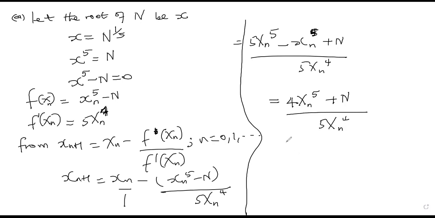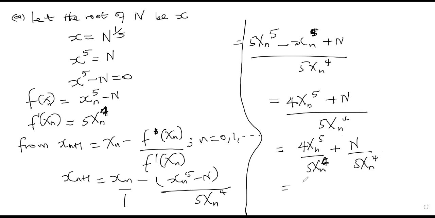But they wanted us to factorize out 4 over 5, so we can divide either side. xn power 5 over 5xn to the power 5, sorry, to the power 4, because we divide this by this and this by this, so plus n over 5xn to the power 4.